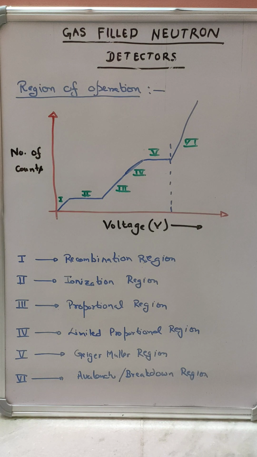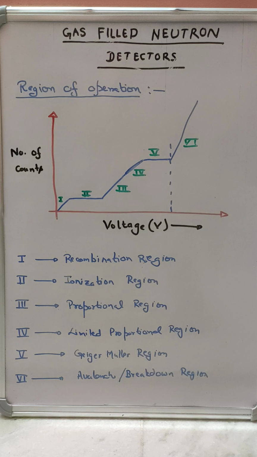Here I have shown one graph on which on the x-axis I have shown the voltage and on the y-axis the number of counts. Considering the dimension of the detector remains the same, what happens to the number of counts if we increase the voltage is depicted by this graph. If we increase the voltage in region 1, the number of counts will increase. In region number 2, there is no increase in the number of counts.